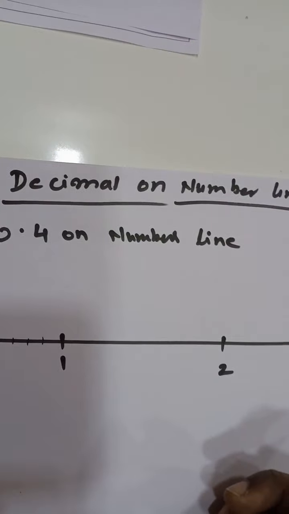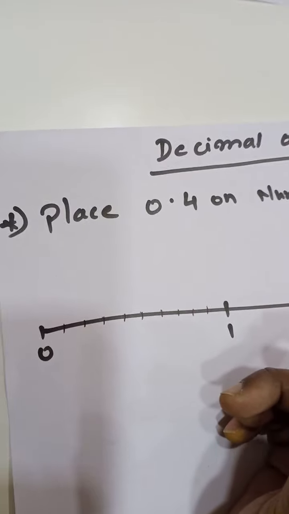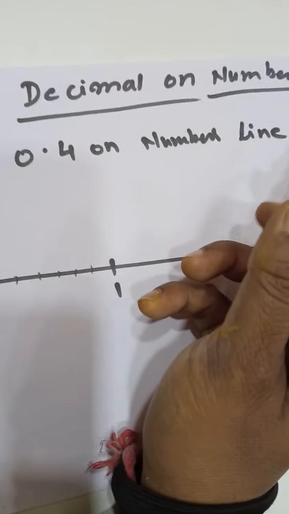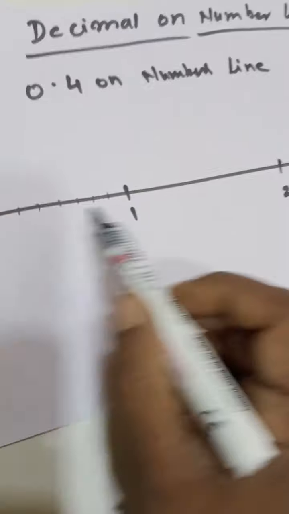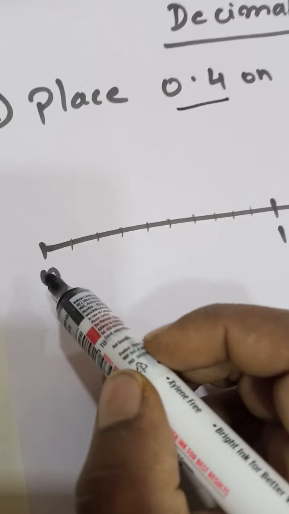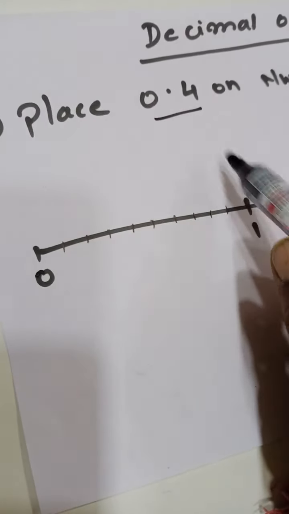Okay, now let's try to understand decimals on the number line. How exactly do we place decimals on a number line? So say for example, we have been given 0.4 and we have been asked to place this number on a number line. So what will we do first? We'll draw a straight number line starting from 0, 1, 2 and so on. Now we know the number that we have to plot is 0.4. So the number will start from 0 and then 1, and then the fourth point.